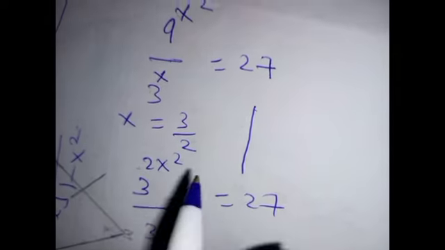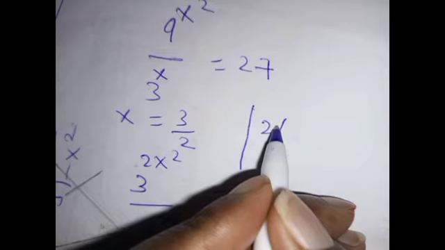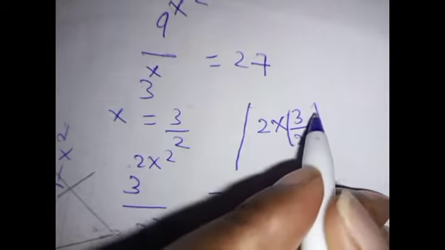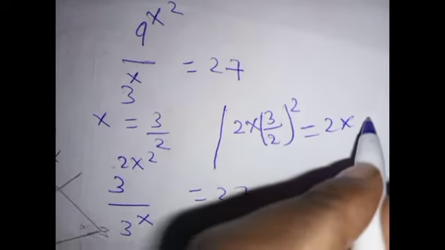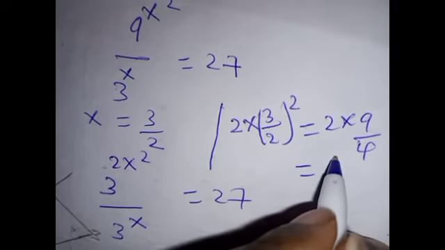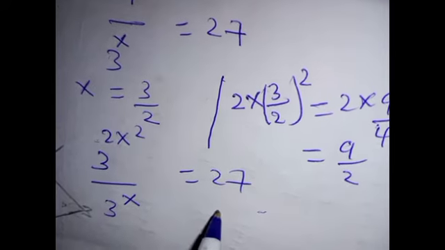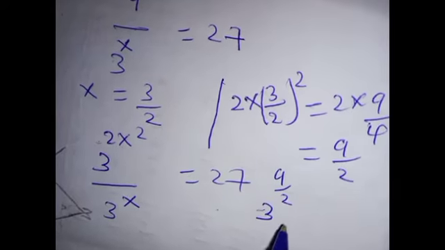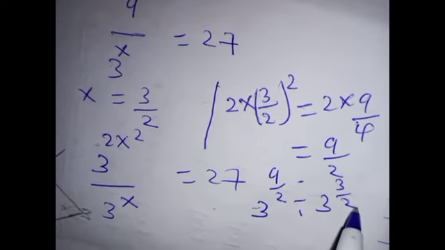Now, we substitute. We deal with the numerator 2x squared. x squared is 3 over 2. You square this. This can be written as 2 times 9 over 4, which is equal to 9 over 2.